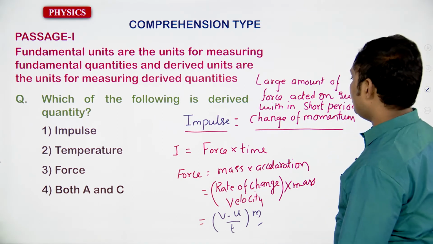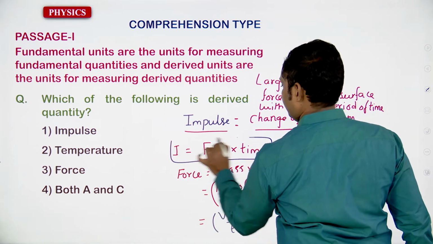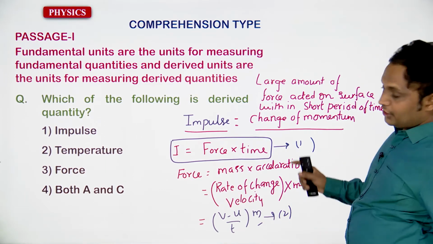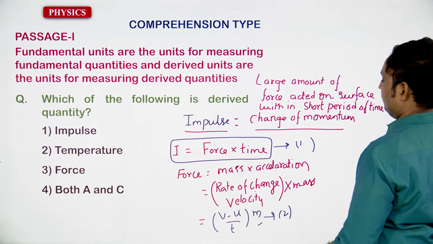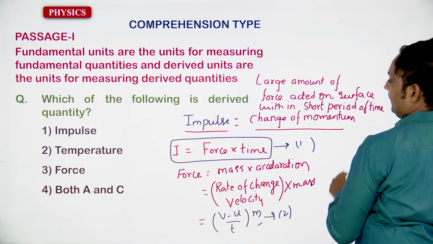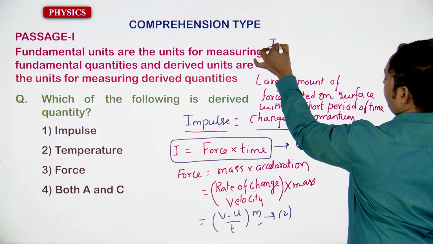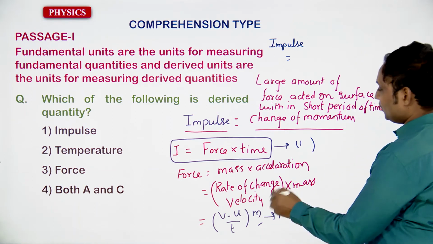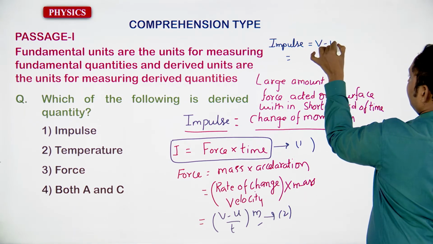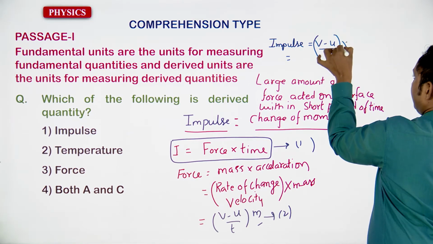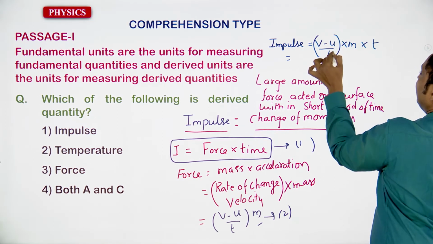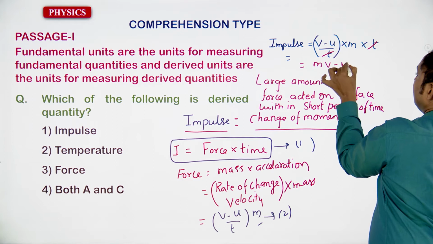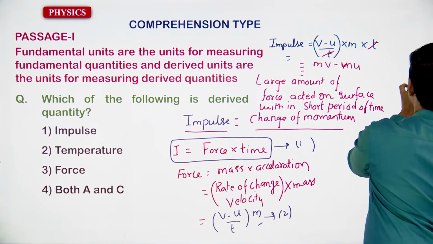So, this is to know force. Yeah, this is the first one, this is the second one. From 1 and 2 you can write down. Let's take that impulse is equal to V minus U by T into M into T. You are supposed to get the cancellation of T, that is Mv minus Mu, that is change in momentum.